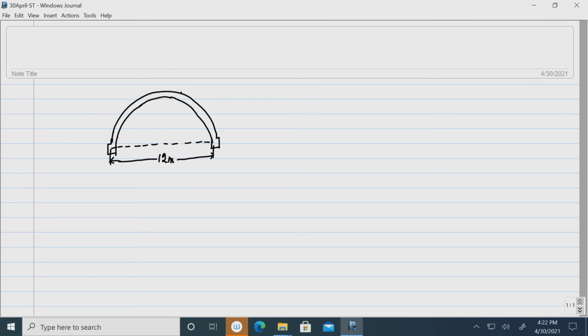Rise of the shell, that is called rise, is given as 2 meter. Radius is not specified. Now, radius can be found out very easily, and the shell is subjected to this gravity load along its surface.